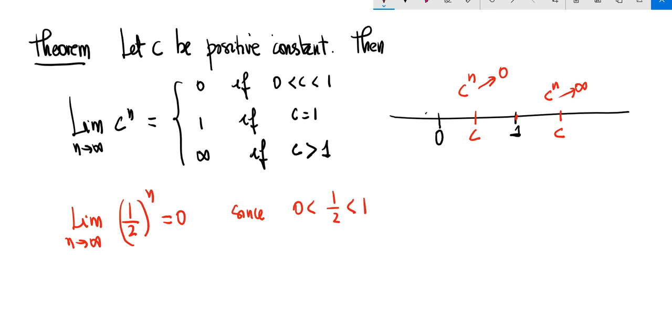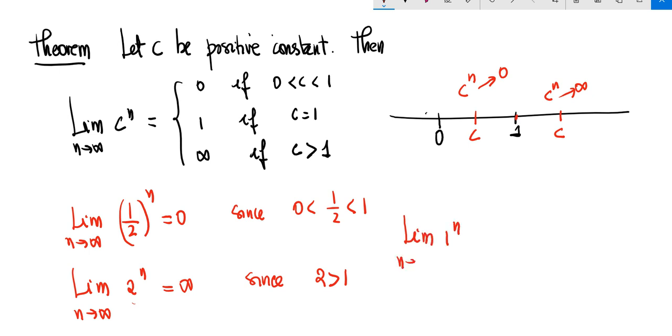On the other hand, notice that the limit of 2 power n when n is approaching infinity would be infinity, since our constant C is bigger than 1, and of course the limit of 1 power n as n is approaching infinity is just going to be 1.